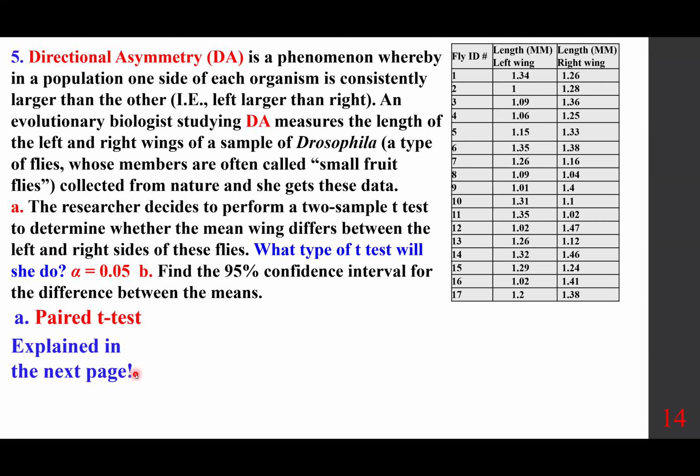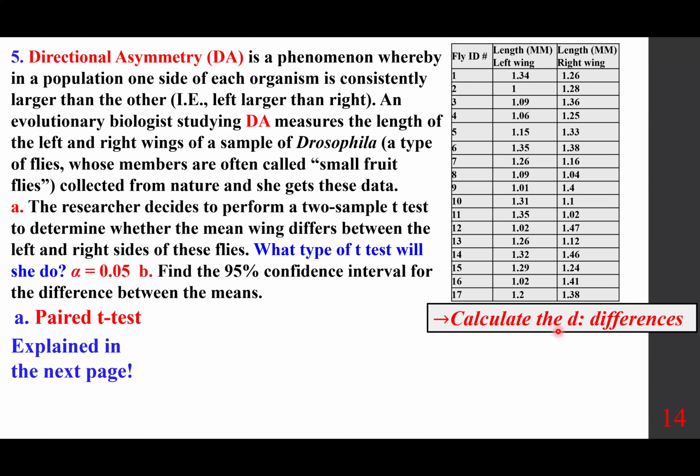I want to remind you what that means. We need to calculate the mean and standard deviation of what? D, the difference. If we go with L minus R, the first one would be 1.34 minus 1.26, which is 0.08.